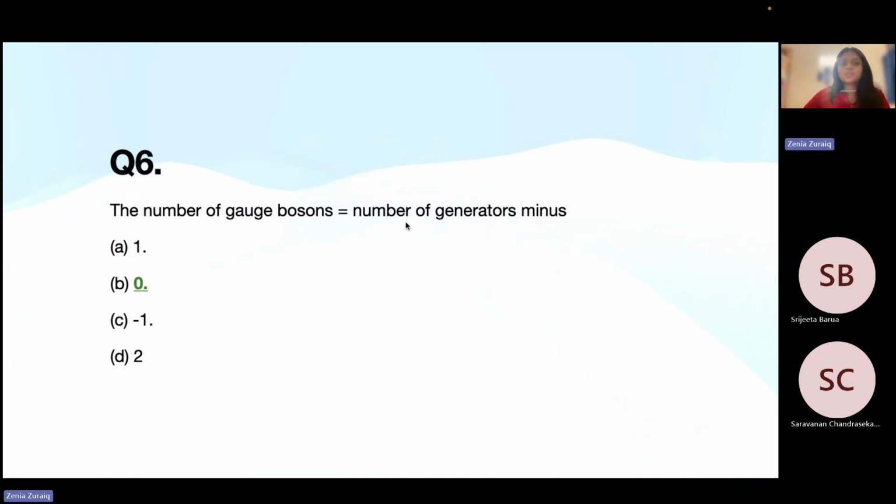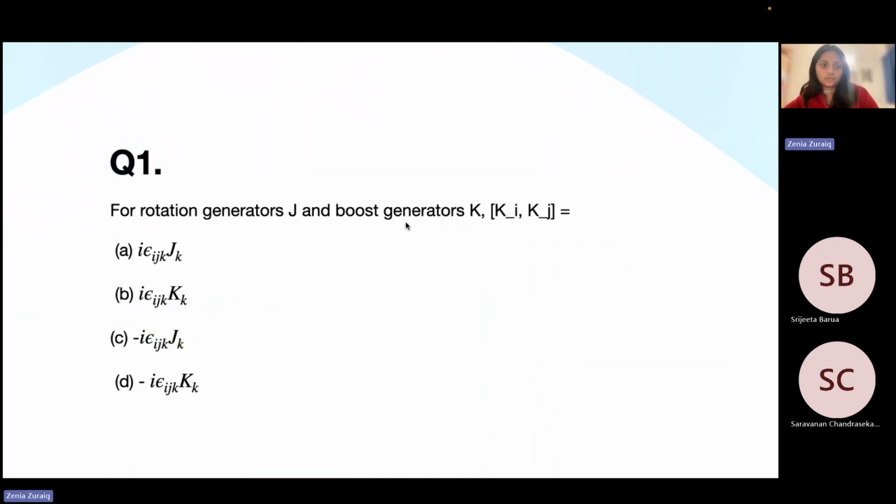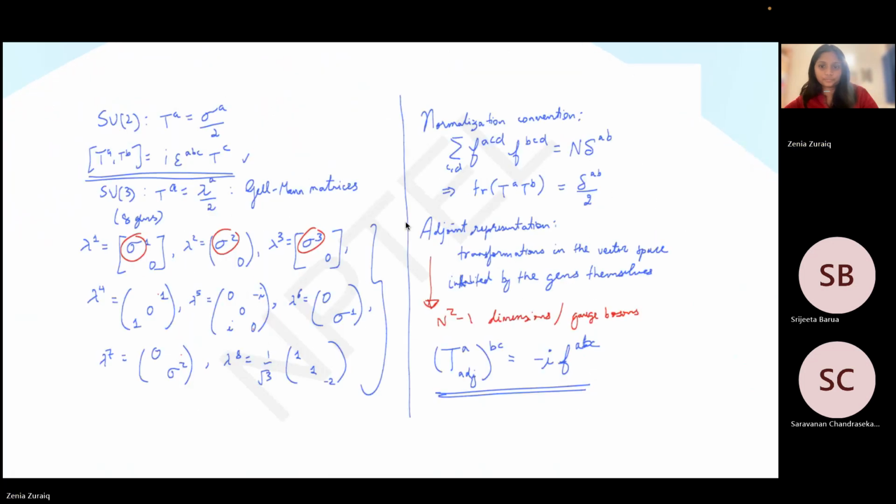So the answer is B. We didn't speak about gauge bosons and Goldstone modes and other things today, but basically the number of gauge bosons is equal to the number of generators.